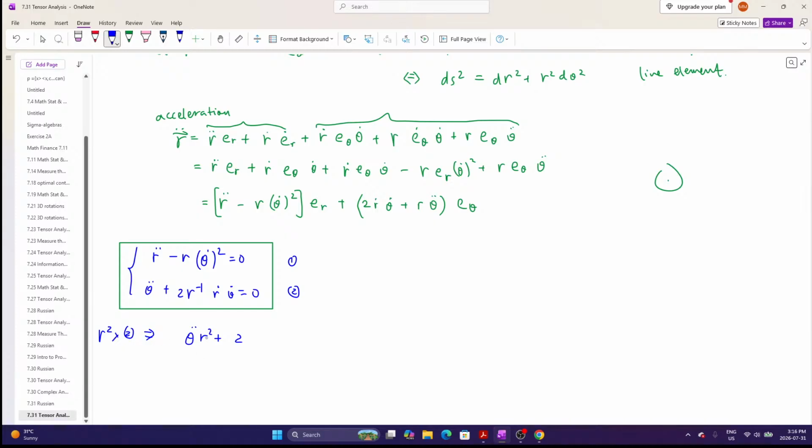I know this is trickery, but it's inspired by physics: the area law needs an r squared. So r squared times theta double dot plus 2 r times r dot times theta dot equals 0. And this is exactly an exact differential. This is d over dt of theta dot times r squared equals 0.